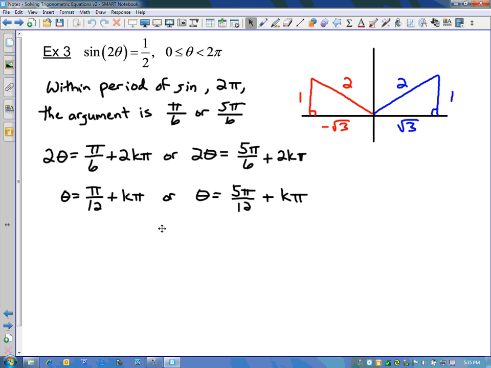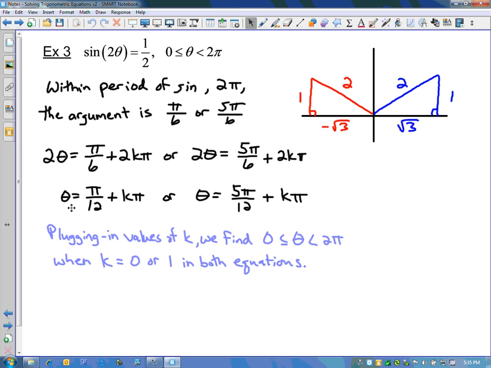So once we have our general solution, now we want to plug in values of k so that we can find values that will fit within 0 to 2 pi. A little bit of logic will show you that pi over 12 and 5 pi over 12, if you look at the fractional parts, 1/12 and 5/12 are less than 1.